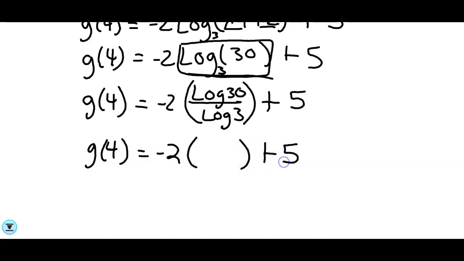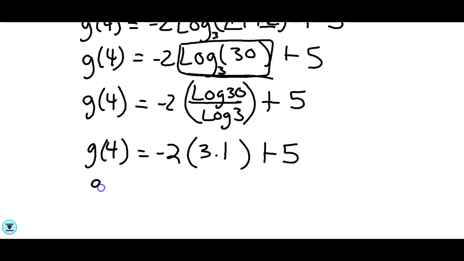Once again, we're just going to have to round it because it's always going to be some weird funky decimal. So log 30 divided by log 3, and I'm getting 3.0. I'm going to round to 3.1 because if I try to round to the hundredths place, it just bumps it up to a 10, which makes the tenths place a 1.